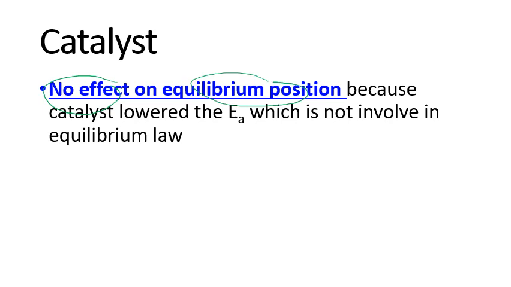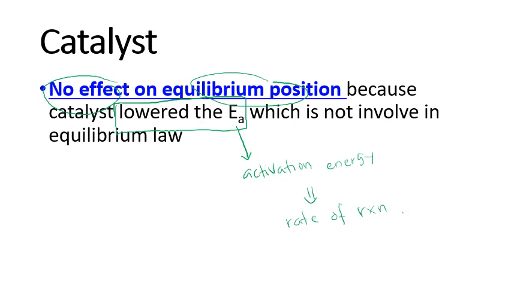Then why do we add the catalyst? Basically, the purpose of the catalyst is to lower the activation energy. So once the activation energy is lower, it will cause the rate of reaction to increase.